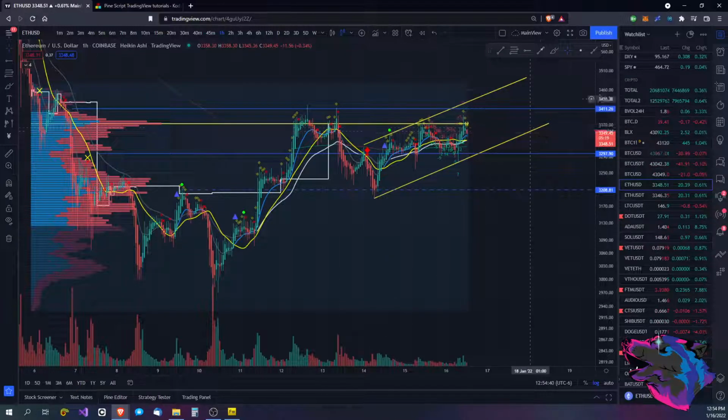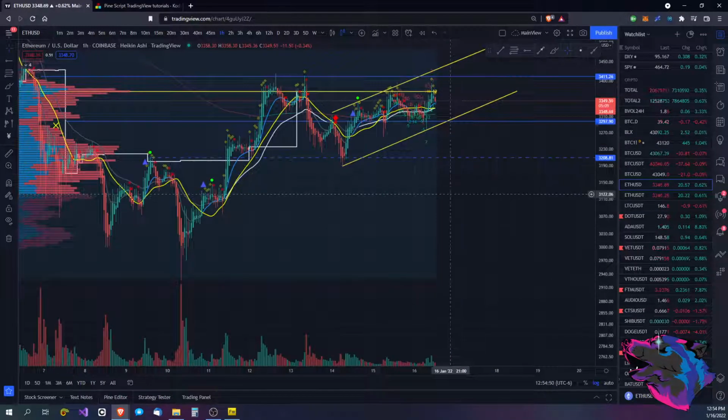So if we do break down, I'd be hoping we'll probably find support here. We may find support here if it continues down. If it continues to go further than that, I'd be looking around here. Matter of fact, I'll even draw it in here. We found support here, found support here, found support here.